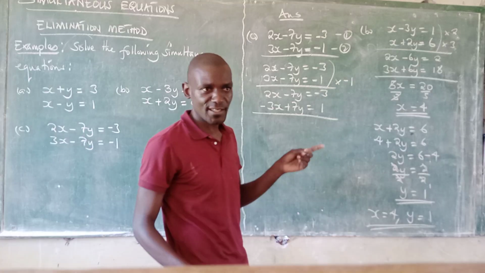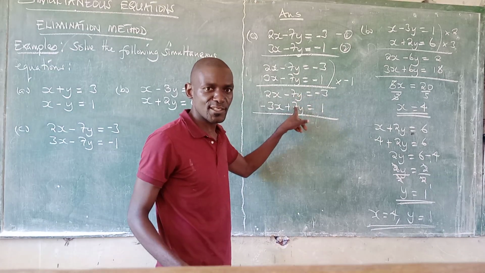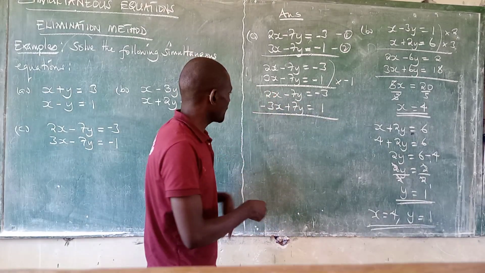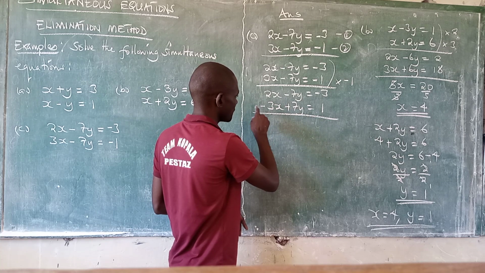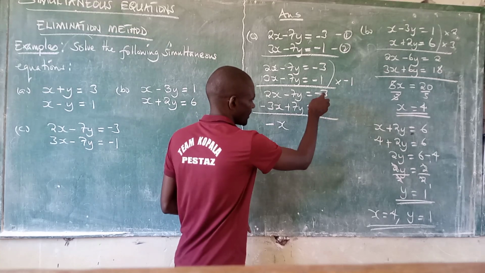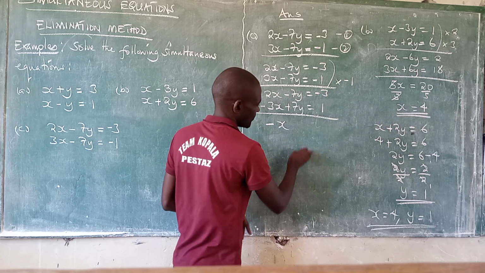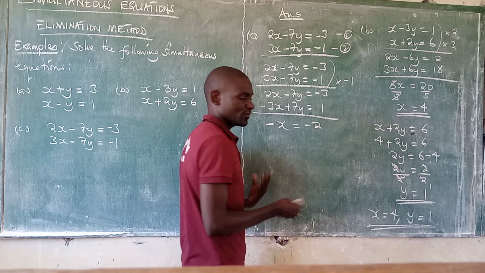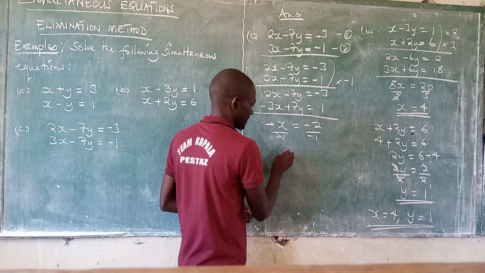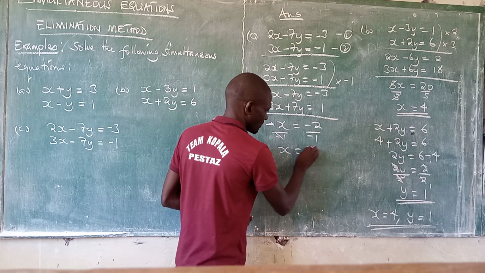So you can now see that if we added these two, it will give us a 0. And so y will be eliminated. So 2x plus negative 3x is negative x. This is 0. Then negative 3 plus 1 is equal to negative 2. We divide through by negative 1. X is simply equal to positive 2.